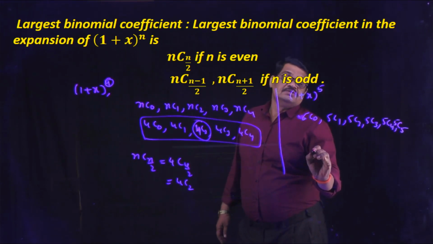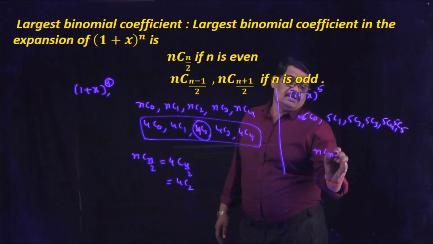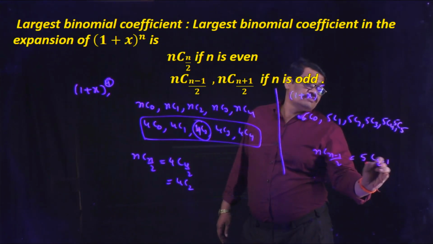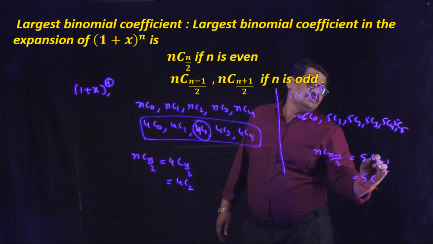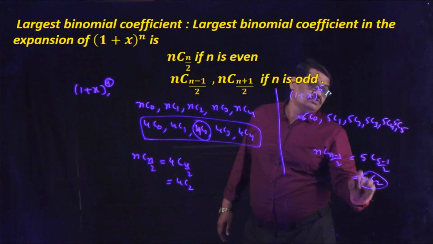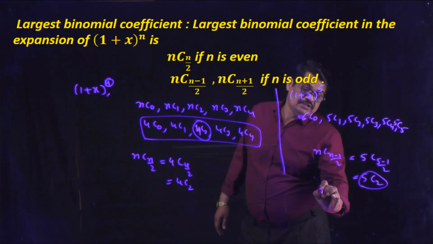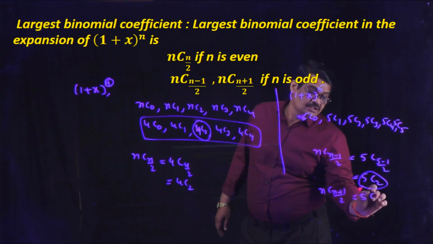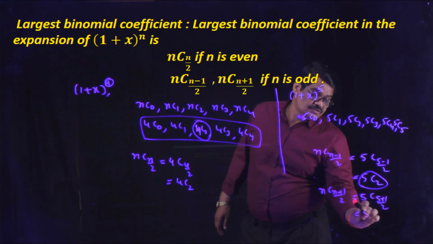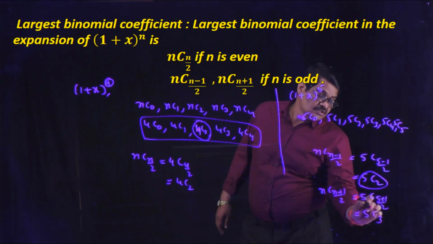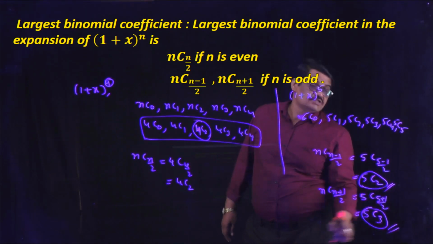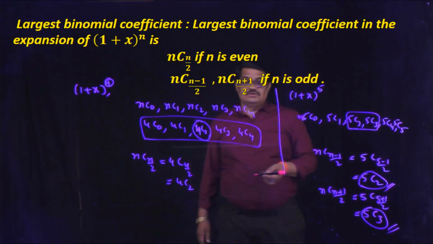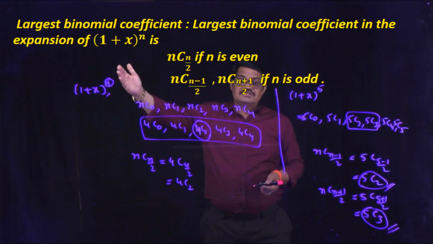These are nC((n−1)/2), that is 5C((5−1)/2), that is 5C(4/2), which is 5C2, and the other is nC((n+1)/2), that is 5C((5+1)/2), that is 6/2, which is 3. Here 5C2 and 5C3, these two are the largest binomial coefficients in the expansion of (1 + x)^n.